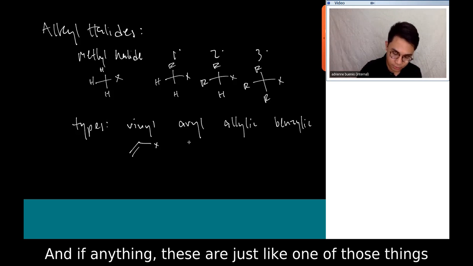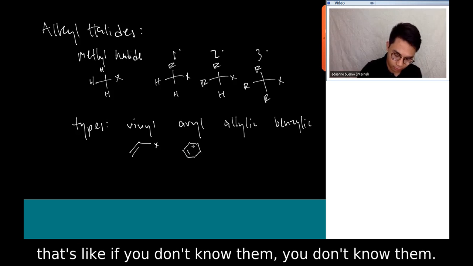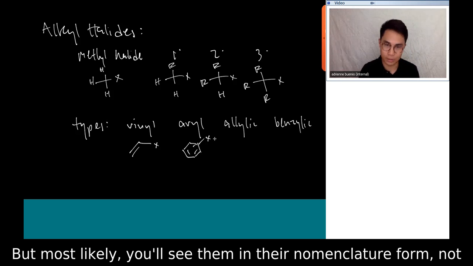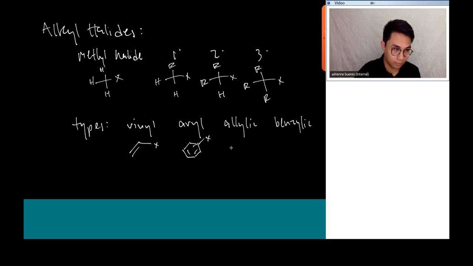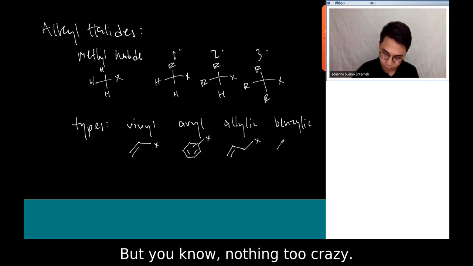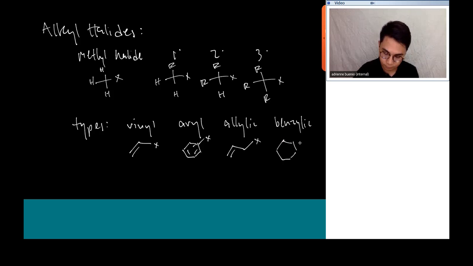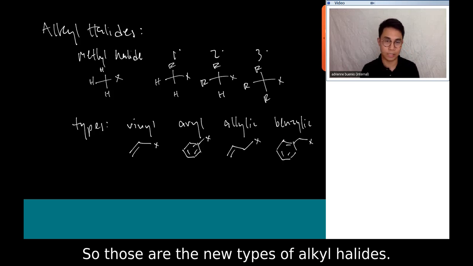If you don't know them, you don't know them. But most likely you'll see them in their nomenclature form, not this way. But nothing too crazy. So those are the new types of alkyl halides.